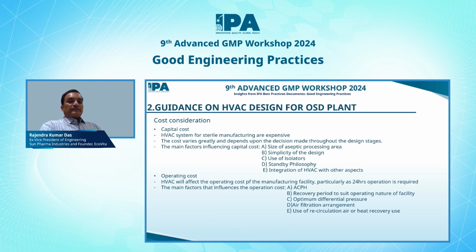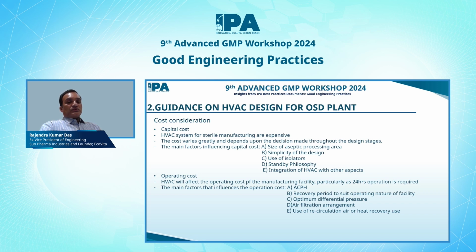Then, what are the different critical things which need to be taken care of during validation and operation, and how the maintenance needs to be done, because there are a lot of configurations available in the market and it can be used in different ways. But cost of operation is another thing we need to look at.